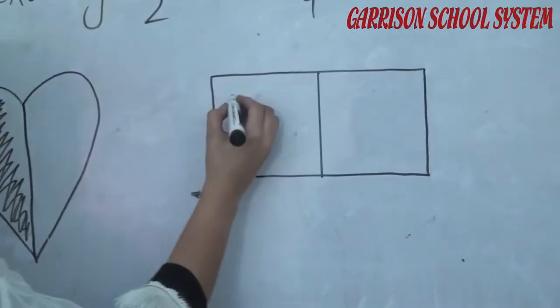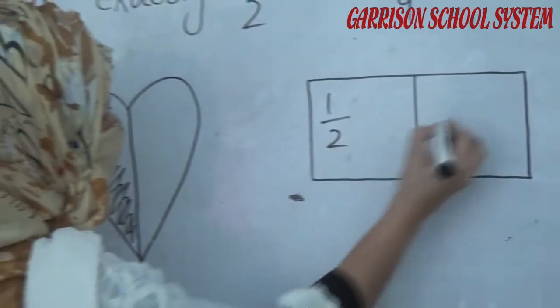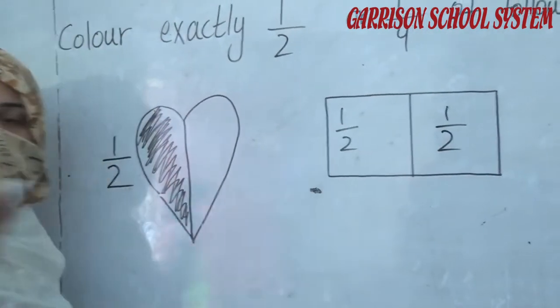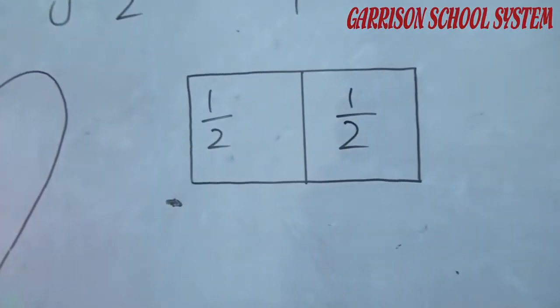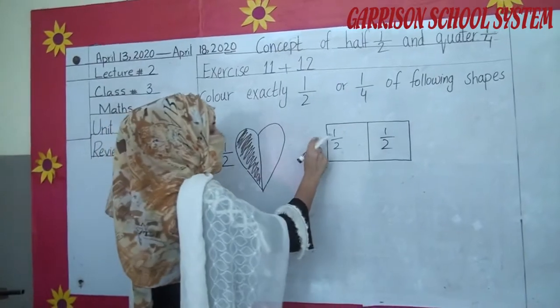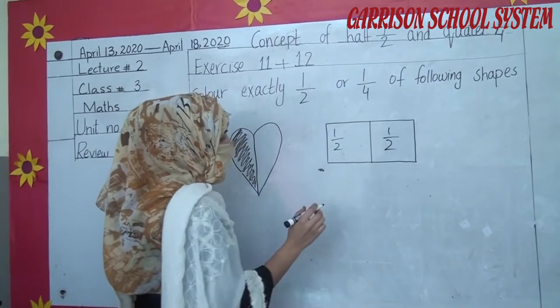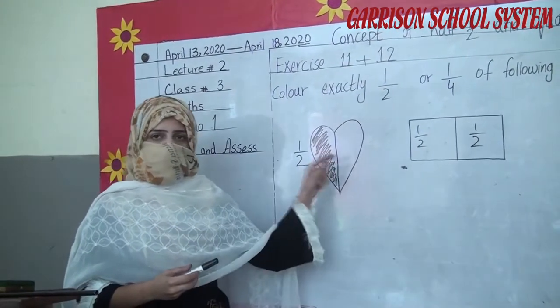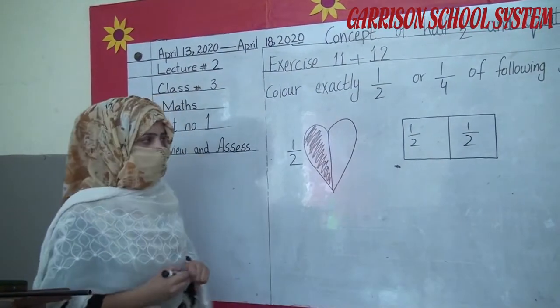This is 1/2 and this is 1/2. 1/2 and 1/2 make one whole. When we divide one whole into two equal parts, we call each part 1/2. So students, you have to color these shapes at home by yourself.